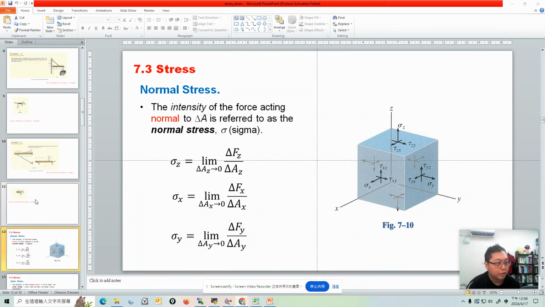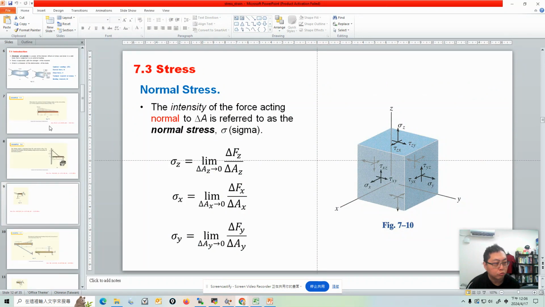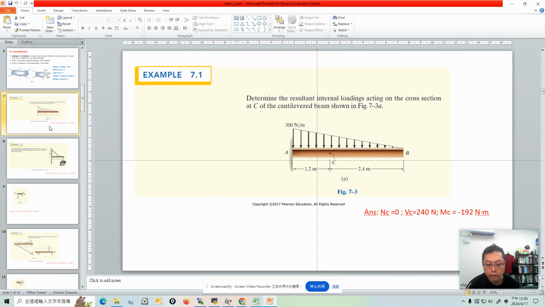In the previous section, we showed you how to calculate the internal force of material. When we apply external loading on the material, inside the material itself we will create some internal force to make the whole system static.